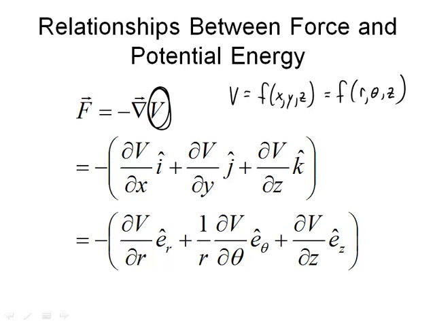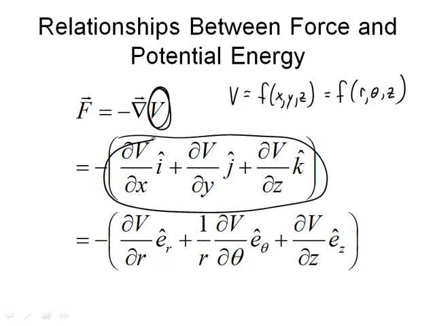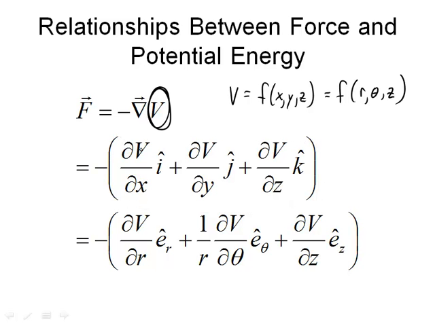Minus del V looks like this. This is a vector quantity, and it's an operator, so I'm taking the partial derivative of the potential energy with respect to x. I'm taking the partial derivative of the potential energy with respect to y and with respect to z, and I put those in their respective i, j, k unit vector values. That's going to give me my force F.